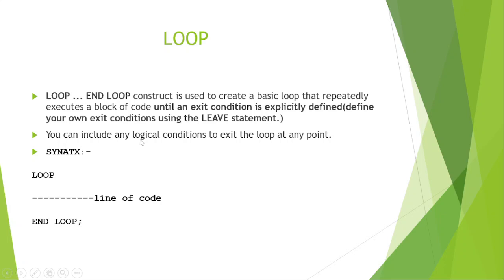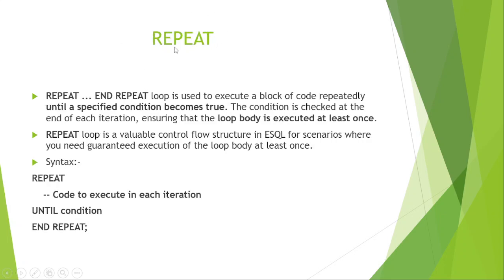Now coming to the second one, that's REPEAT. The syntax is REPEAT, code to be executed, UNTIL condition, and END REPEAT. The REPEAT loop is used to execute a block of code repeatedly until a specific condition becomes true. The condition is checked at the end of the iteration, ensuring that the loop body is executed at least once. So what is the main feature of the REPEAT loop?